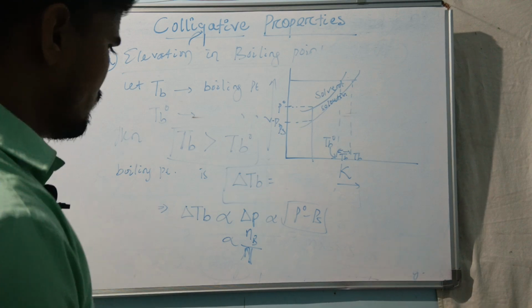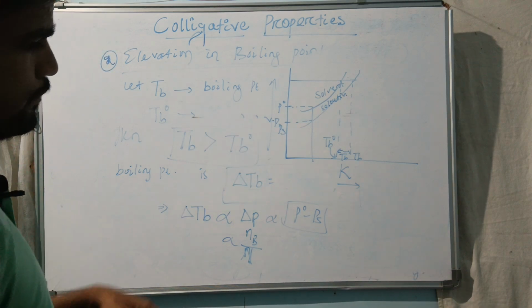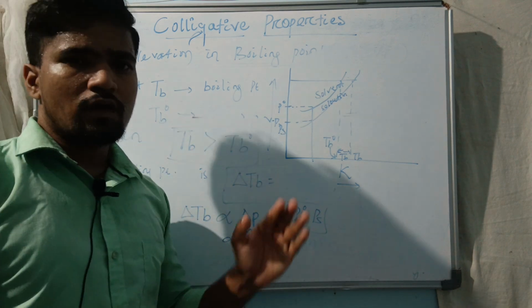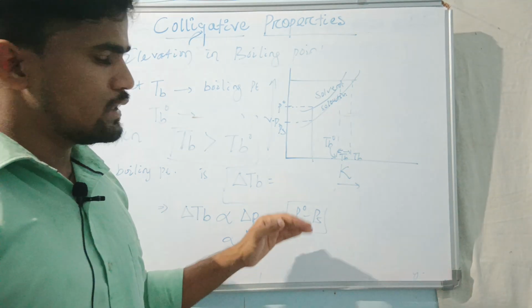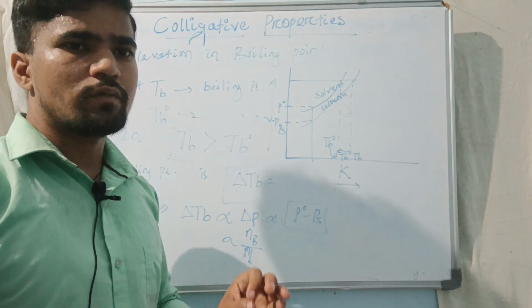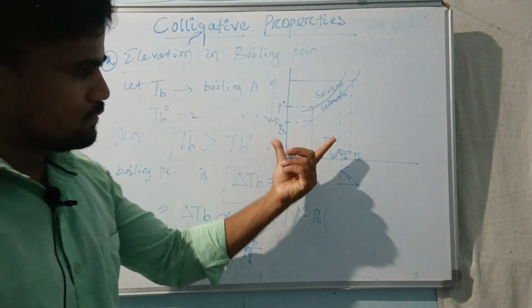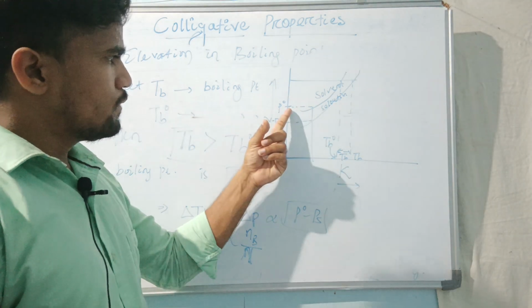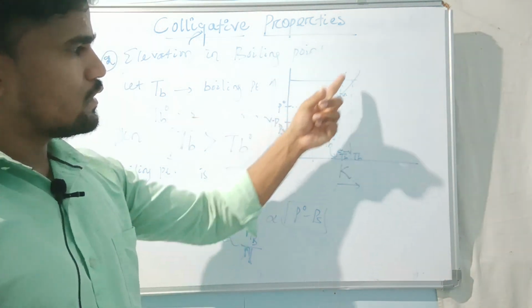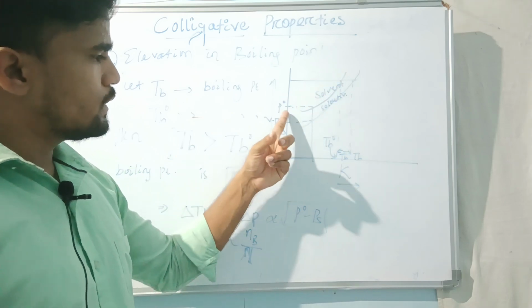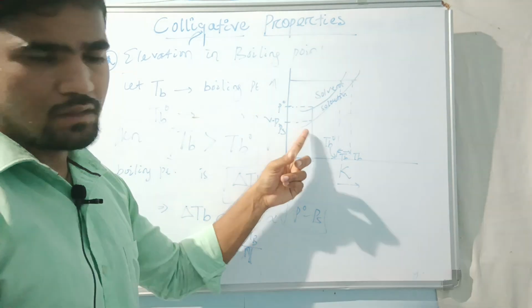Now, for detail, the elevation of boiling point is directly proportional to the lowering of vapor pressure. Lowering of vapor pressure means P naught minus PS. From this graph, if you check the curve, P naught minus PS is decreasing, right?